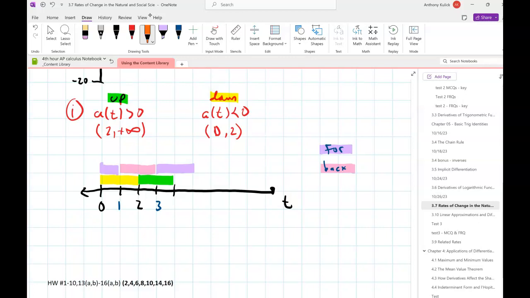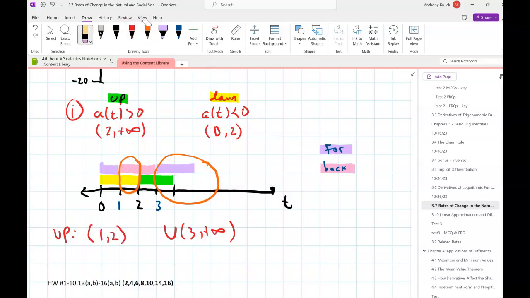If your acceleration is positive and you're moving forward, you're increasing your speed in the positive direction, right? So that happens here, where we're moving forwards and speeding up. And that happens here, where we're moving backwards and accelerating in the negative direction, right?